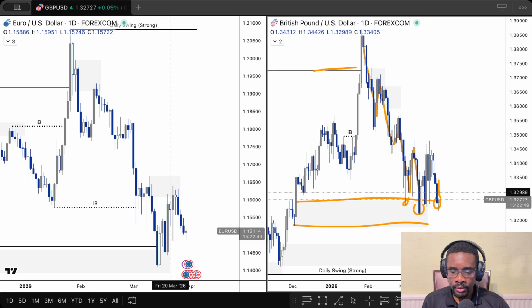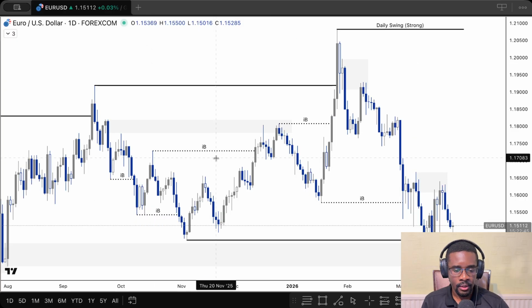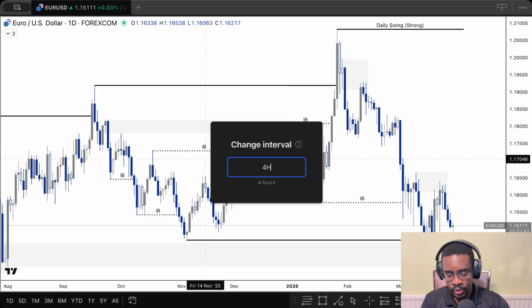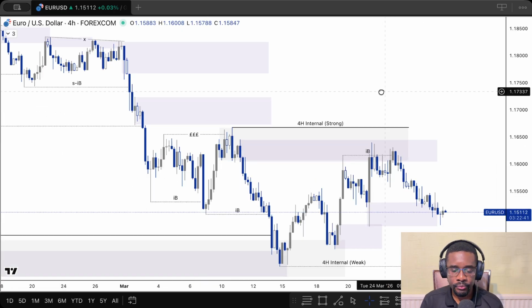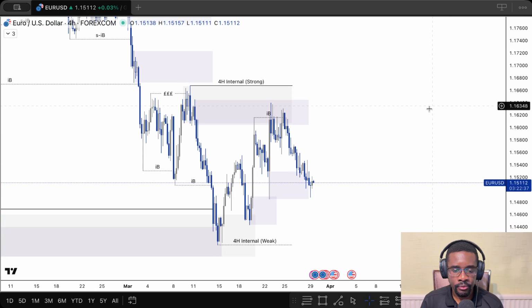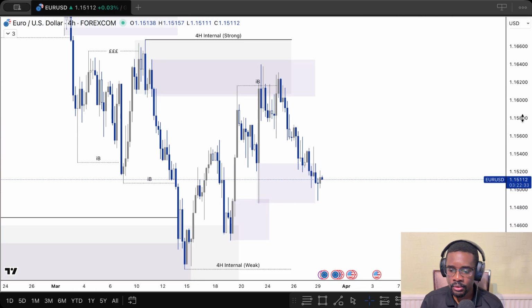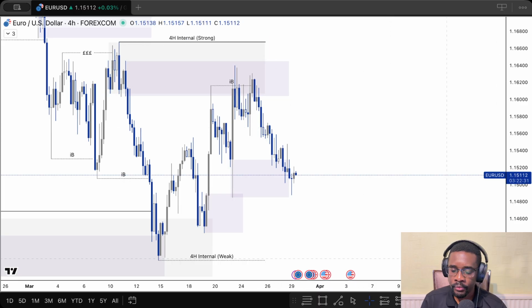So looking at the 4-hour on the Euro USD, this is what we have, and this is the current range that price is in.